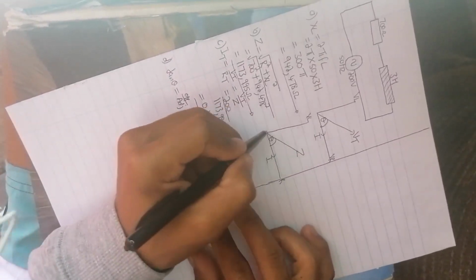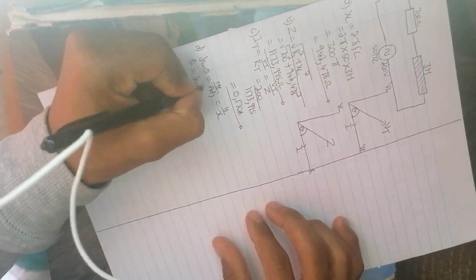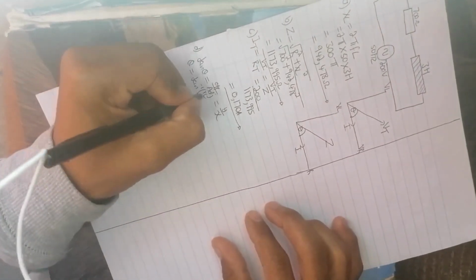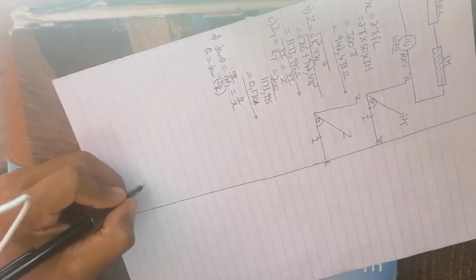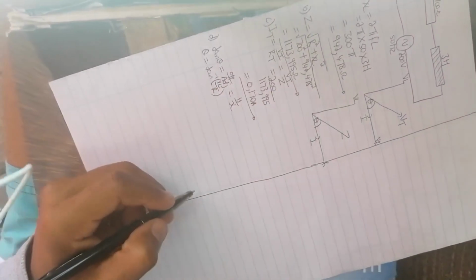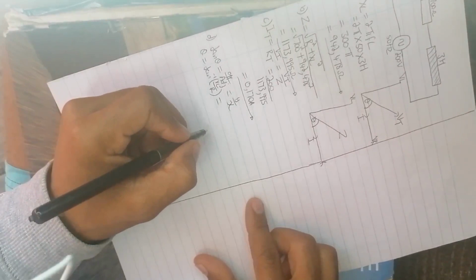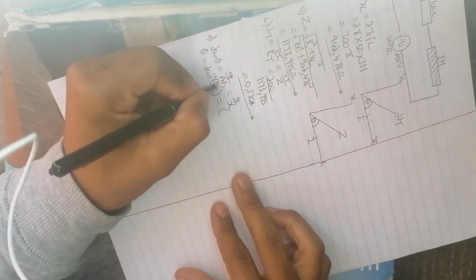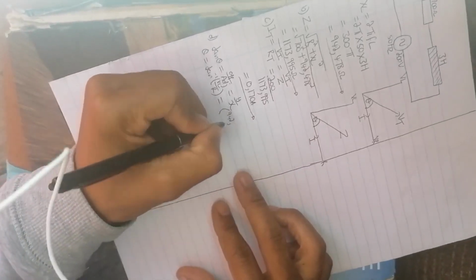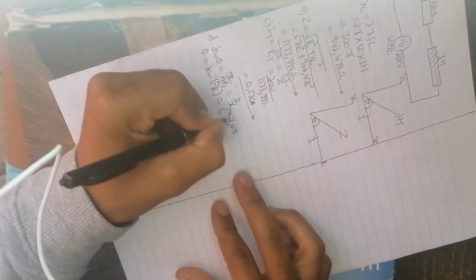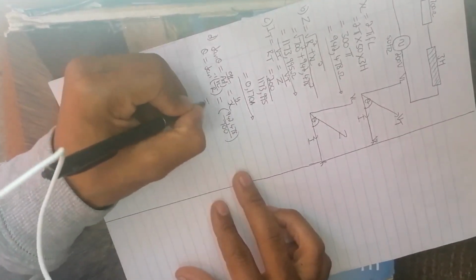So theta will be arctan of XL divided by R. I can substitute the value for XL, which is 942.478, and the value of R is 700.